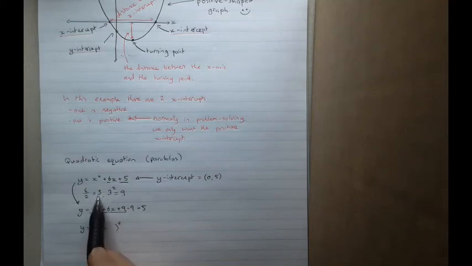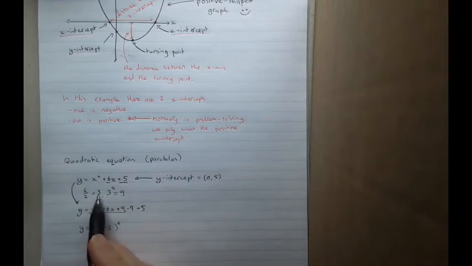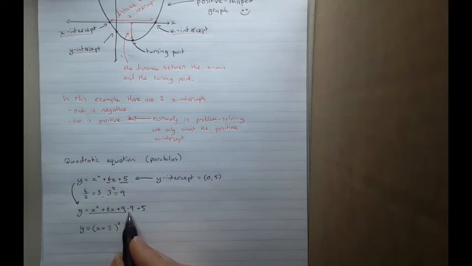Well, we know that that's 3. So 3 plus 3 gives me 6, and 3 times 3 gives me 9. So I can easily factorize these 3 terms to this by looking at that 3. Then the last 2 terms, minus 9 plus 5, that just gives me minus 4.